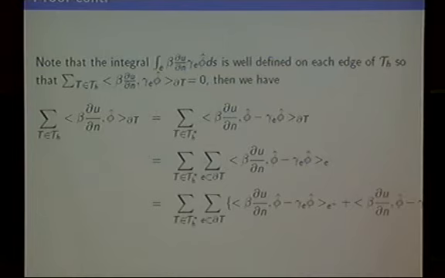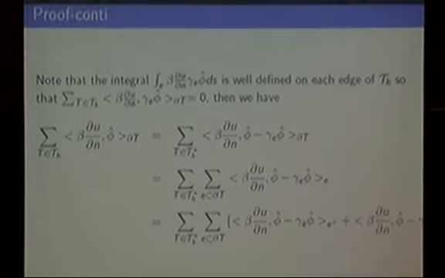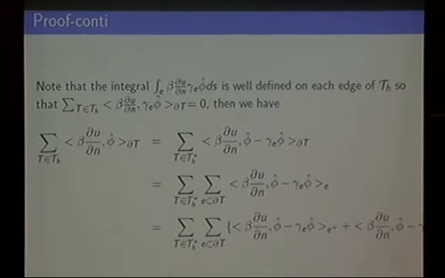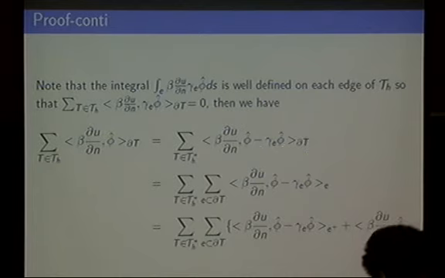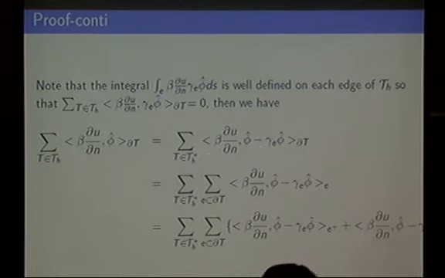So the problem is how to estimate this one to get O(H). So I place some operator here, and this gamma E is an operator that flattens out the broken basis function. If this is a broken basis function, we apply gamma epsilon, and it becomes flat. You can add or subtract the flat one in this summation without changing the results.